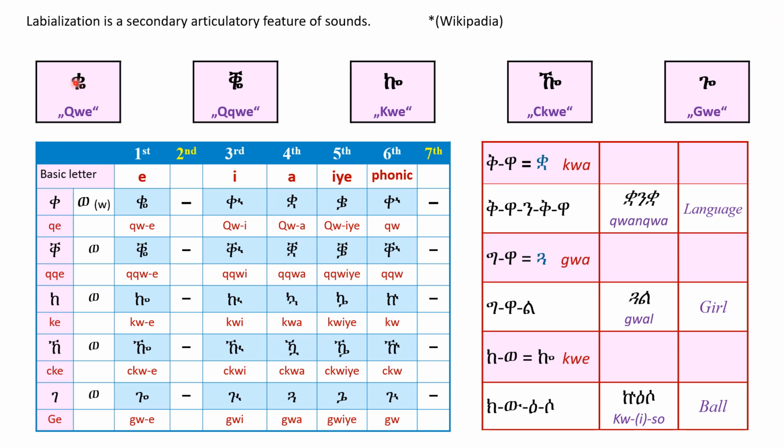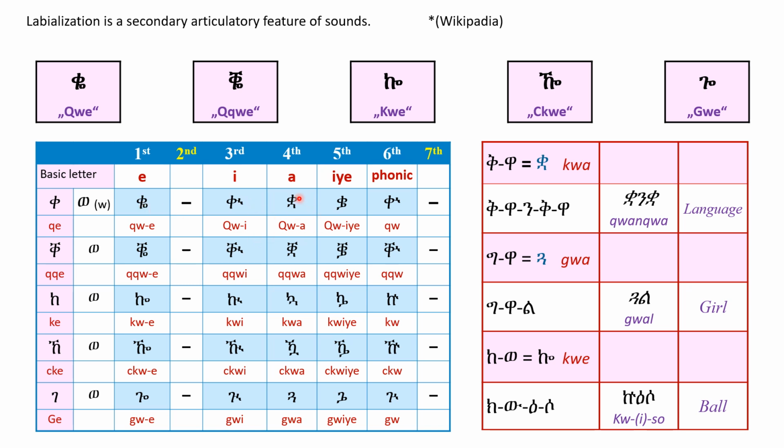In this letter there are 2 letters, ke and we. Here, ke and we, he and we, ge and we. Then we have que, hue, gue.